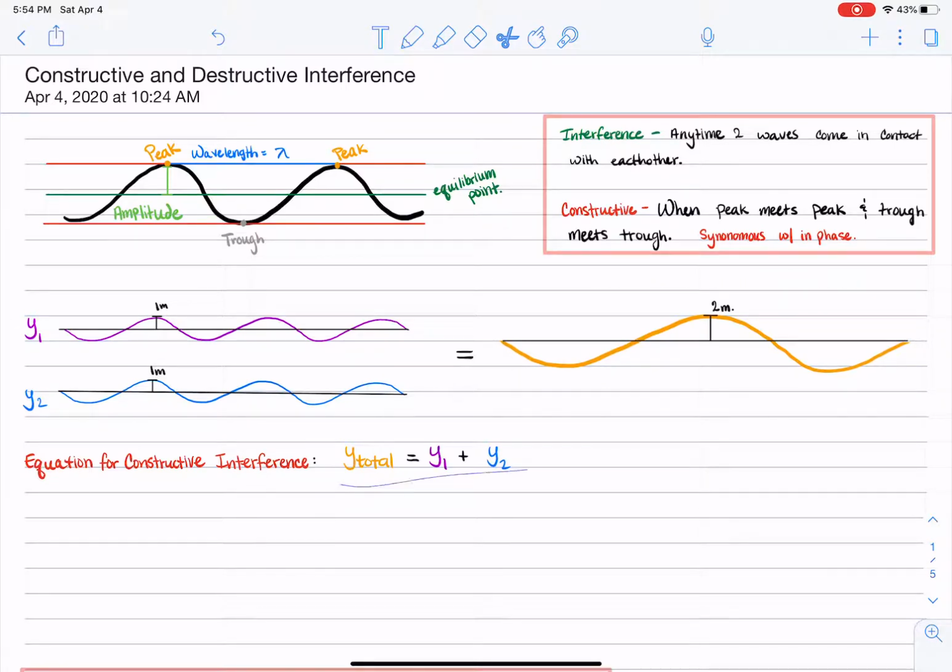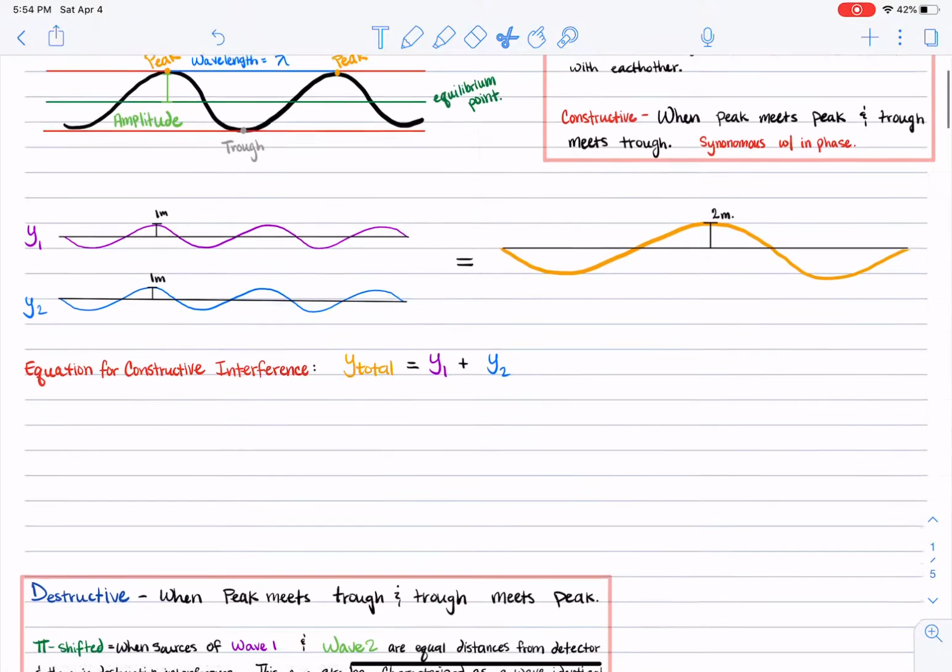And that's expressed here with this equation, y total, which is the orange wave, equals y1 plus y2. Now for this to happen, we do not have to have equivalent amplitudes. If this wave amplitude was 3 and this wave amplitude was 5, we would end up with an 8 meter amplitude wave. So that's constructive interference.